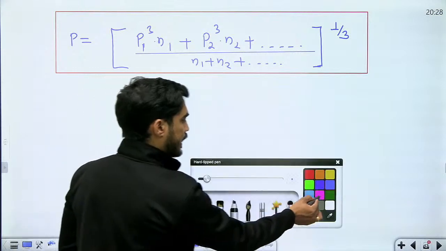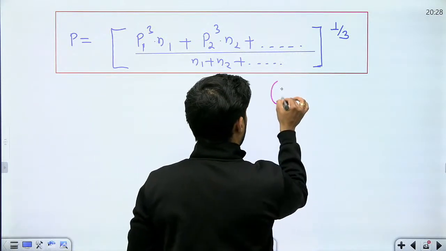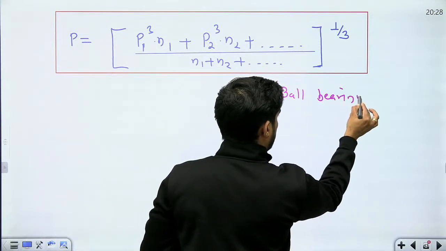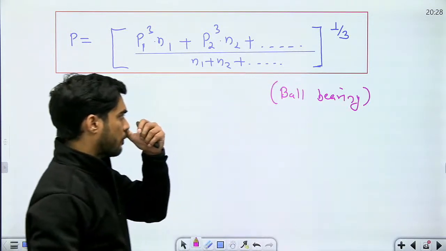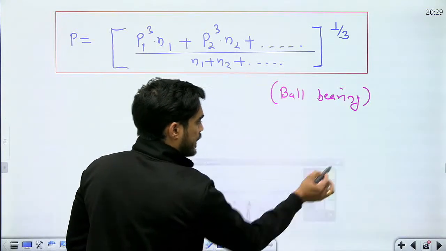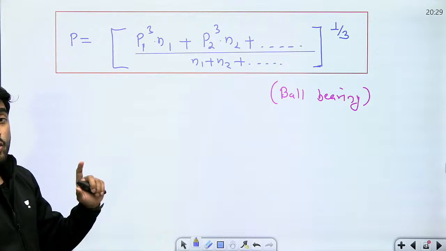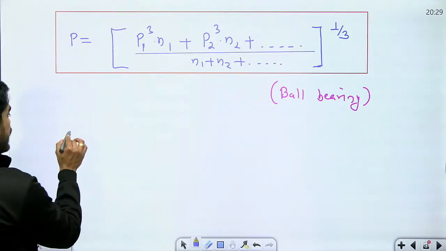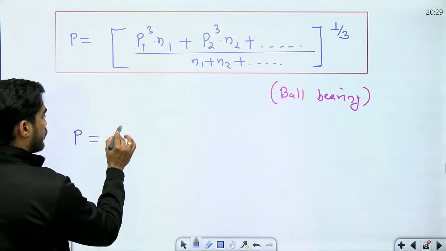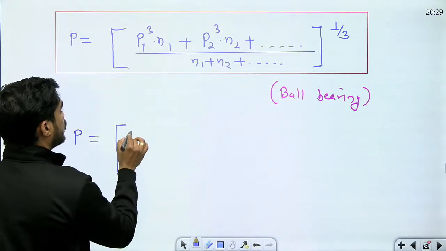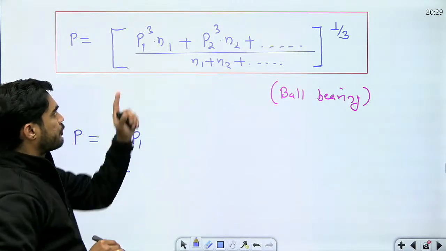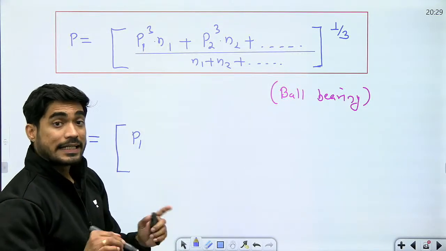But this relation is for ball bearing. Okay. There is a different relation for roller bearing. In case of roller bearing, this relation becomes P equal to P1 to the power, instead of 3, what I will use? 10 by 3.